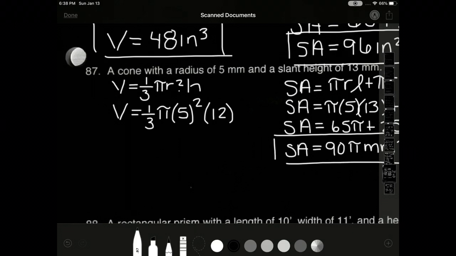So 5 squared is 25, and 25 times 12 is 300, and 1/3 of 300 is 100. So our volume is going to be 100 pi millimeters squared. Or not squared, cubed.